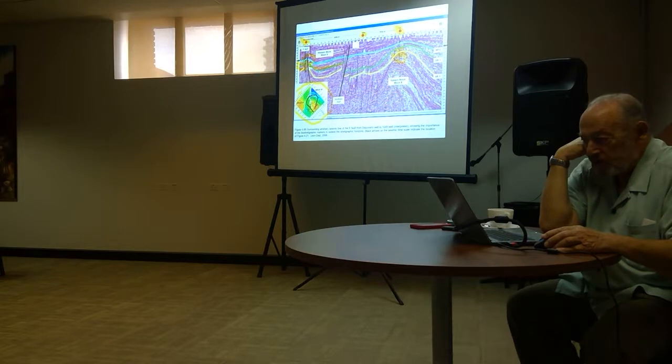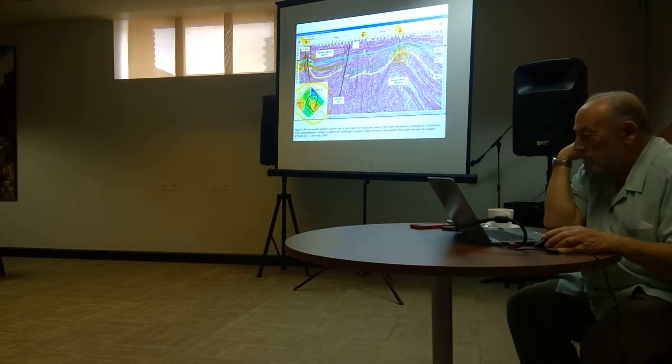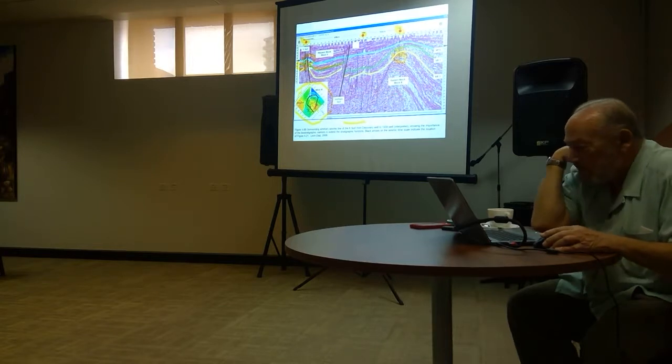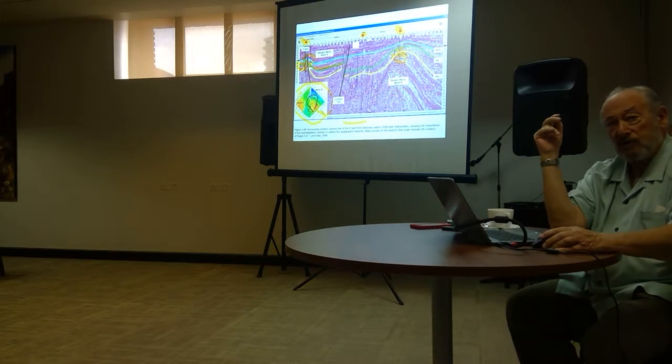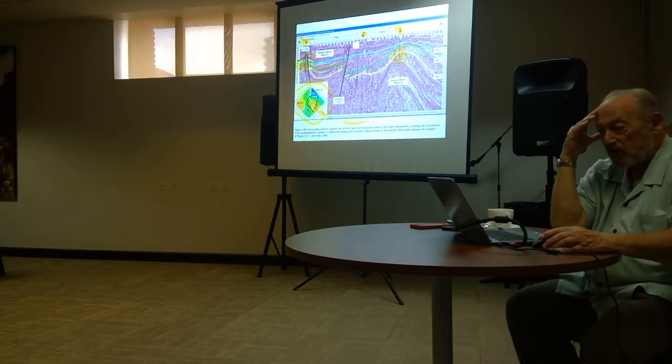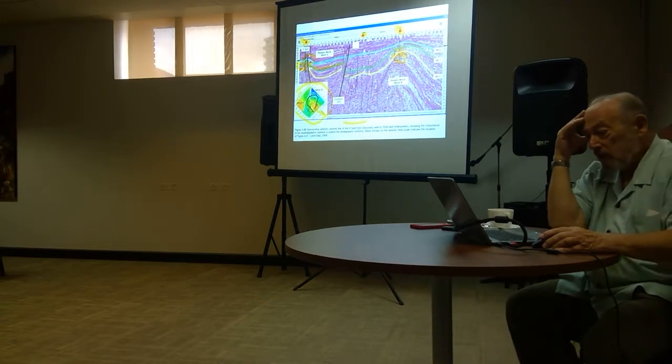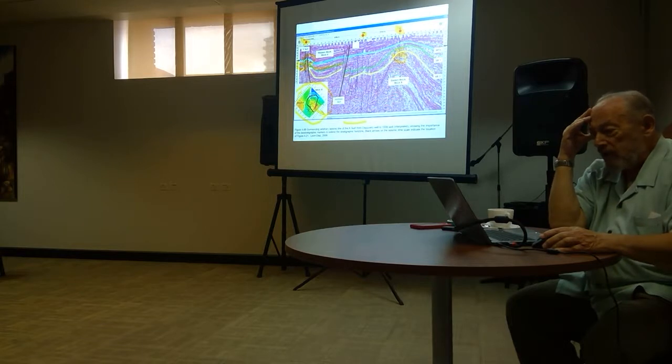And so the yellow area in there is part of the same structure, an anticlinal structure that's faulted, okay? So you want to keep that in mind as well.